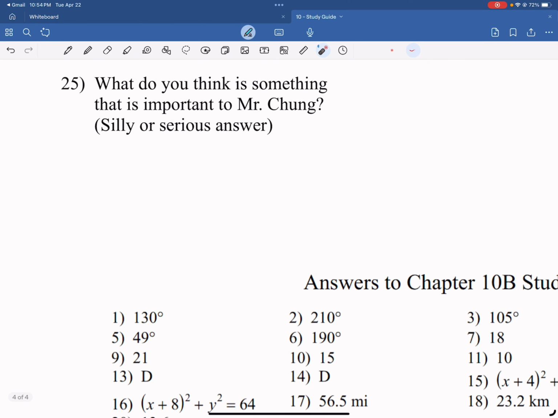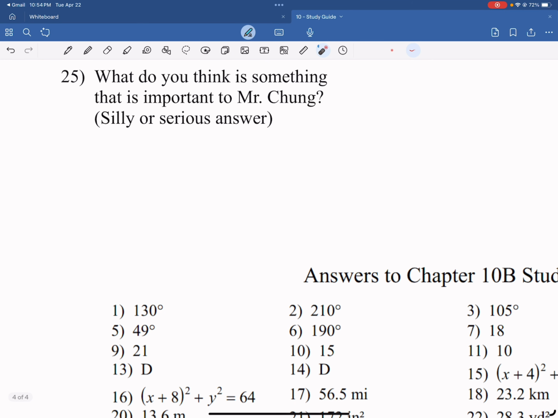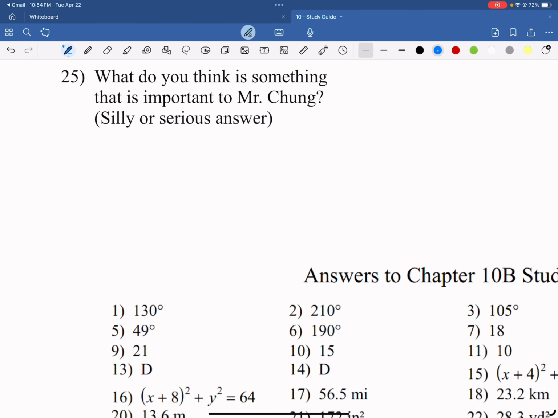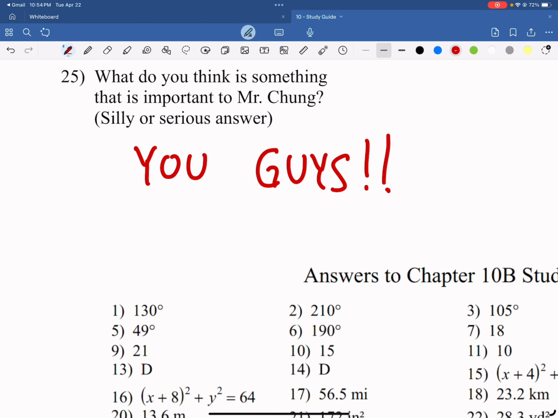Most important question today. What do you think is something that is important to Mr. Chung? Is it running? Is it Jesus? I do love Jesus. I feel like I have so many hobbies. Guitar? Swimming? Life's great, guys. Just enjoy it. I think in simplicity, I'll end it on a cheesy note. It's you guys. Woohoo!